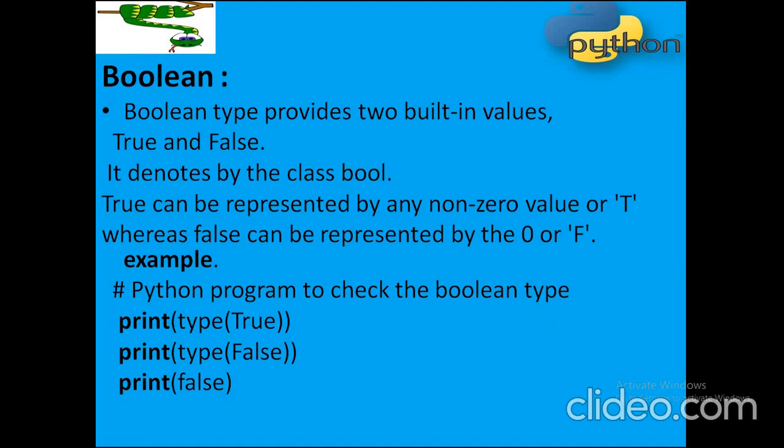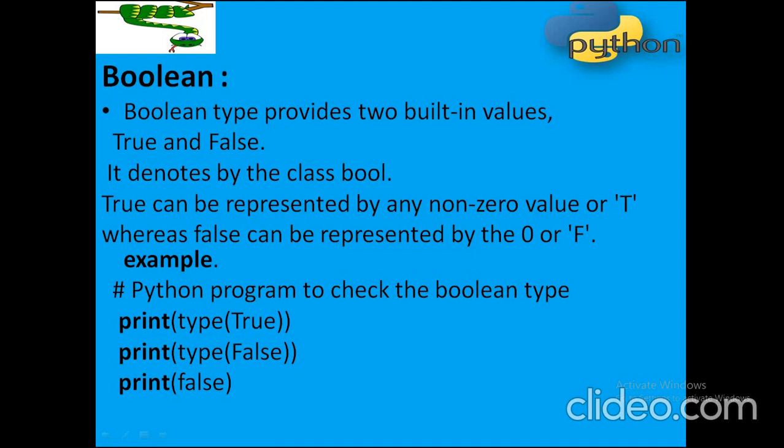Now the next data type is Boolean. The Boolean type provides two built-in values. One is true and the second one is false. It is denoted by the class bool. True can be represented by any non-zero value or t for true, whereas false can be represented by 0 or f for false. For example, suppose we write a program to check the Boolean type.